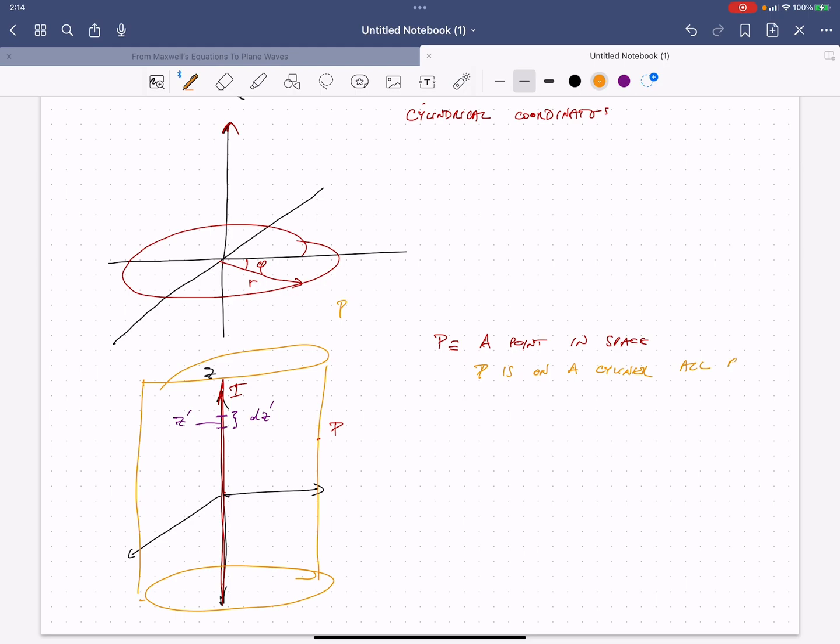and all points on that cylinder will have the same H and B, because the cylinder is totally symmetric around the wire I, which is on the z-axis.